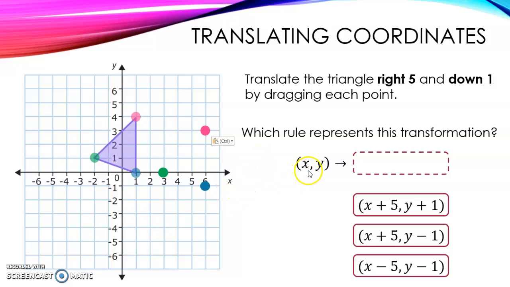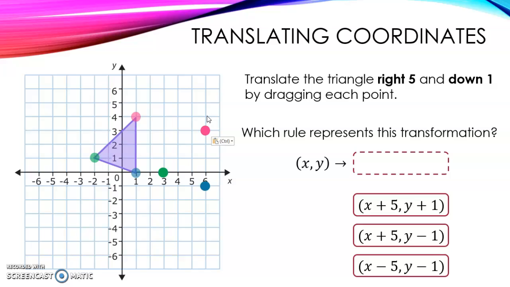So what we're going to do next is talk about which rule represents this kind of transformation. Each point on a coordinate plane has some sort of x, y position. All of these original ones here did. And we want to think about how each of those moved. x, as you remember, is your horizontal axis and y is your vertical axis. When we make something move to the right by 5, that's going to make all of the x values shift to the right by 5.